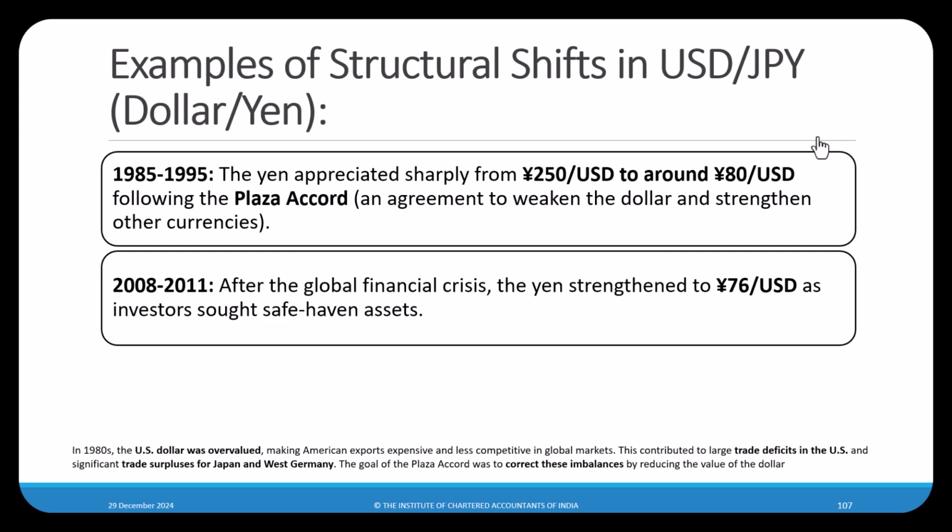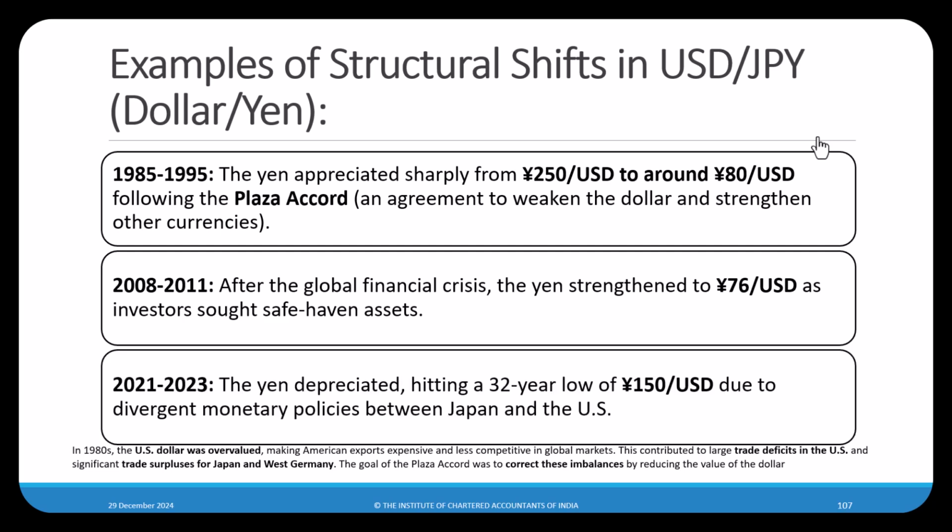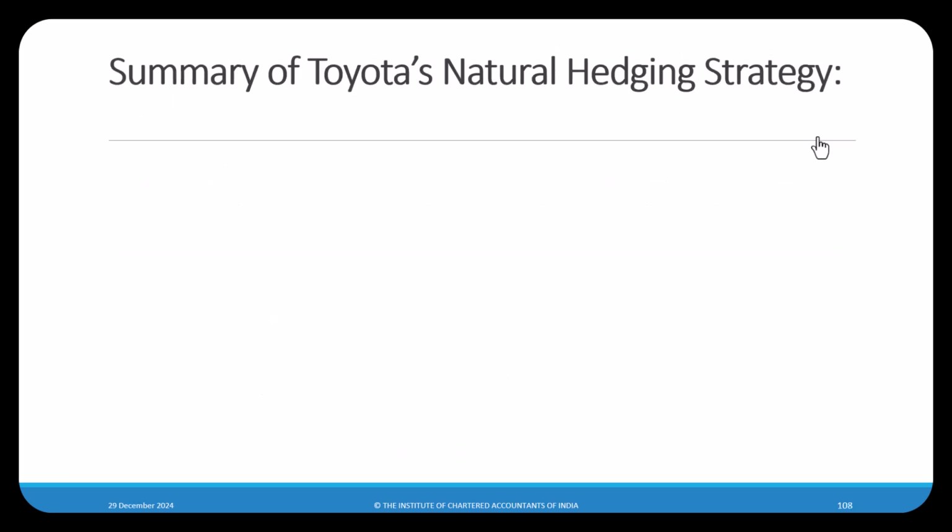They were buying gold and there was more demand for dollars, and so the dollar appreciated at that time. Normally that would happen. The yen depreciated, hitting a 32-year low of 150 due to the divergent monetary policies between Japan and the US. So this is how the currency has moved.